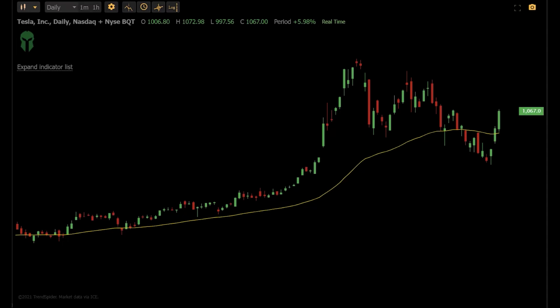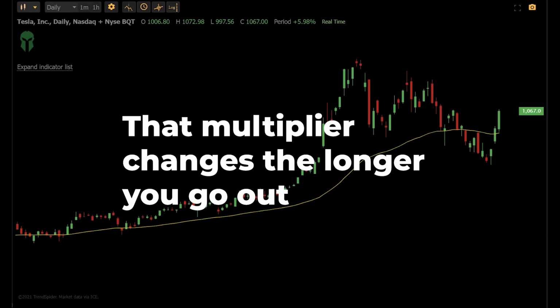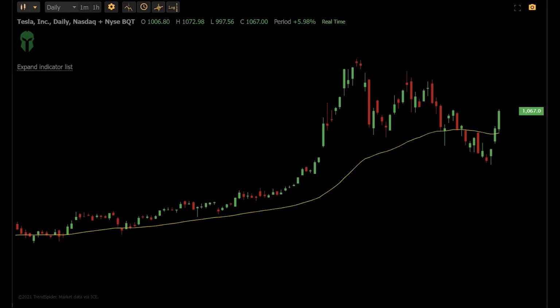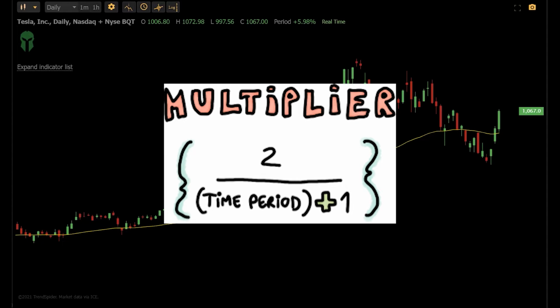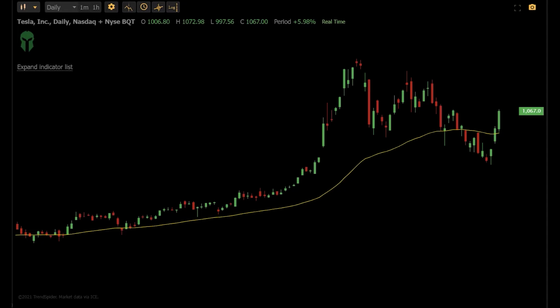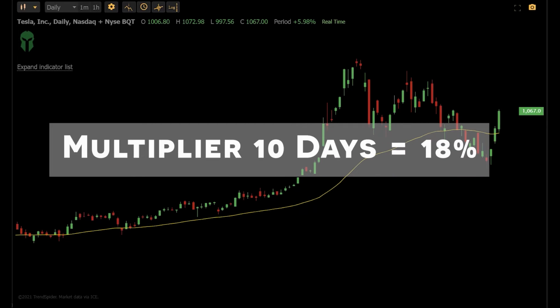Why it's important to understand this is that the multiplier changes the longer you go out. If you're doing this for, let's say, 10 days, the multiplier is based upon the equation, which is really just 2 divided by the selected time period plus 1, and that's going to give you roughly 18%.